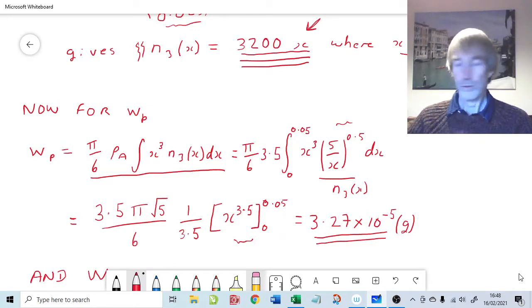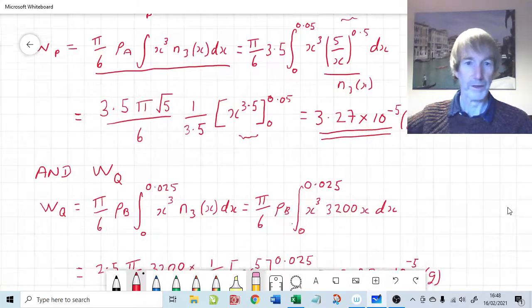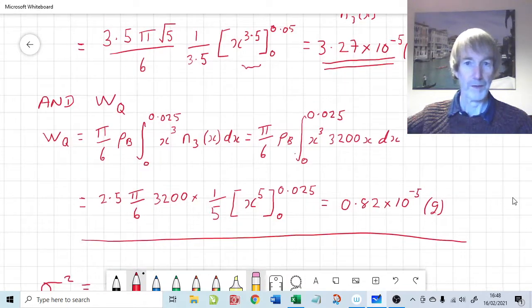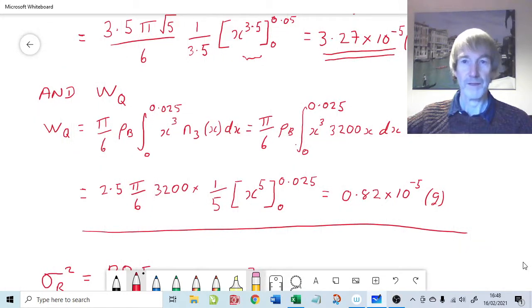We've got to do all that rigmarole for component B, which we call WQ. Same principle, and in this instance we come out with a slightly lighter particle. We come out with 0.82 times 10 to the minus 5 grams.